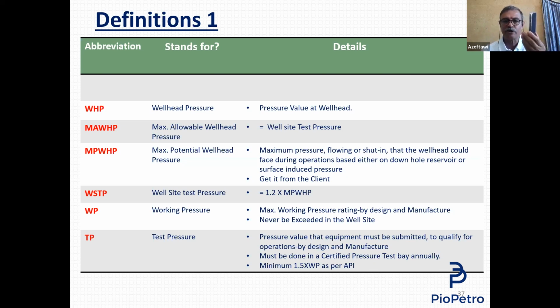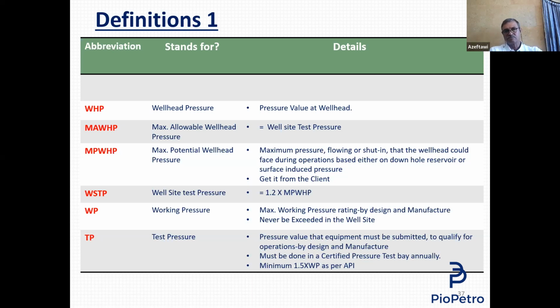If its working pressure is 5,000 psi, then after a year or so, we need to recertify it. So we need to apply a pressure test for the purpose of certification. When we take this piece of equipment to test, we have to do this test in an authorized, certified test bay, where we raise the pressure up to, as per the API, 1.5 times the working pressure.